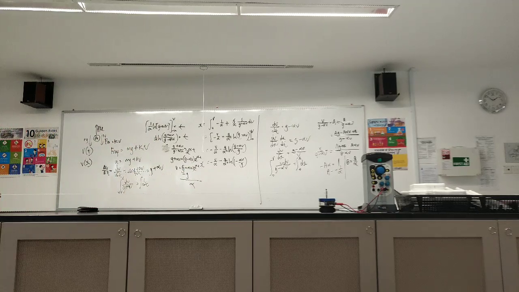Anything wrong? I'm thinking downwards to be positive, so upwards is minus u. Should I put a negative somewhere?